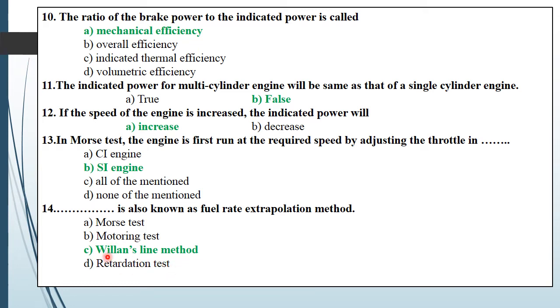So the answer is C. The Williams line method is also known as the fuel rate extrapolation method. We know that the Williams line method is used to calculate the brake power. In this method we draw a graph with brake power in kilowatt on the x-axis and fuel flow rate in kg per hour on the y-axis, on the condition that the engine is running at constant speed.